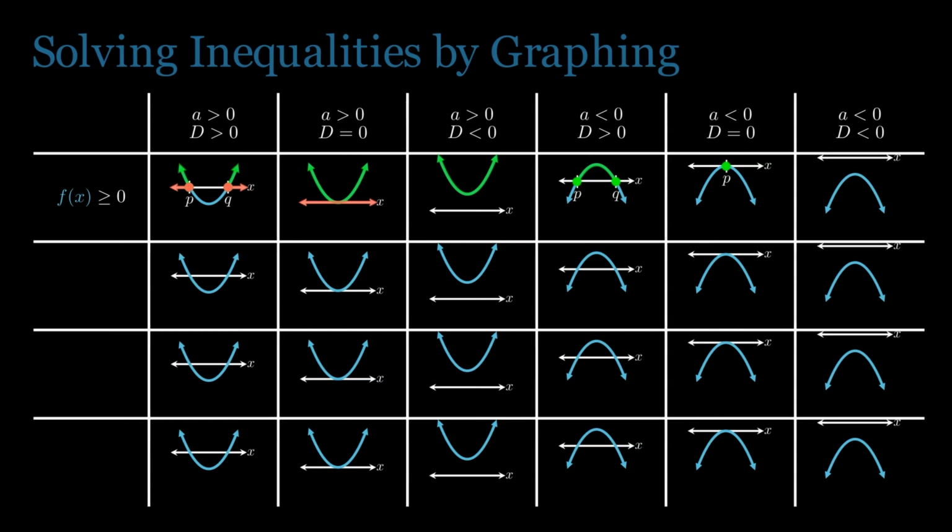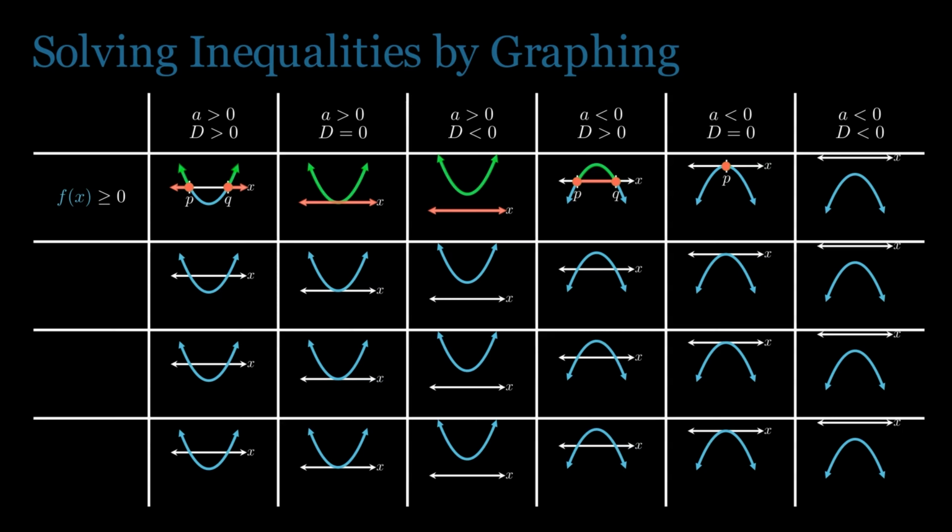In cases 2 and 3, the parabola is above or on the x-axis for all x's. In the fifth case, there is only one point for which we have what we need, and in the sixth one, there is no such x at all.